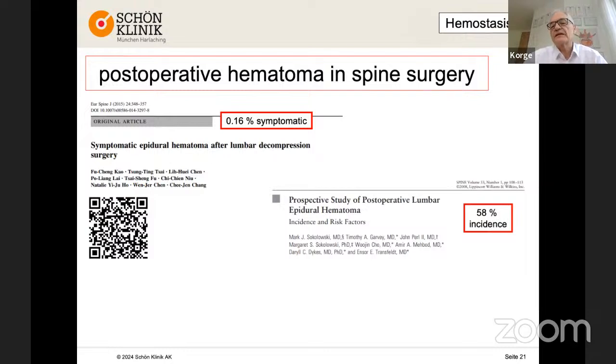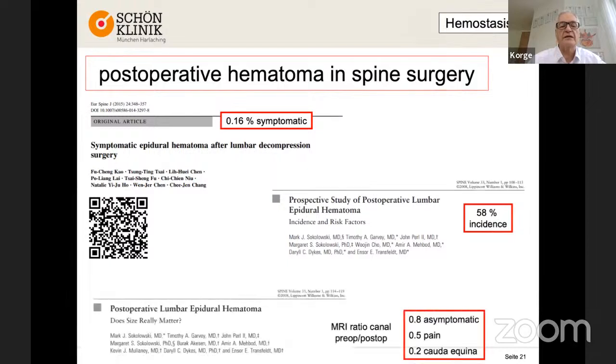And what is important, even about 30% of those candidates which had a surgery also had an epidural hematoma in a non-operated neighbor segment. In this recent paper from the Asian area, they showed that in lumbar decompression surgery, you have in only about 1% that it could be symptomatic.